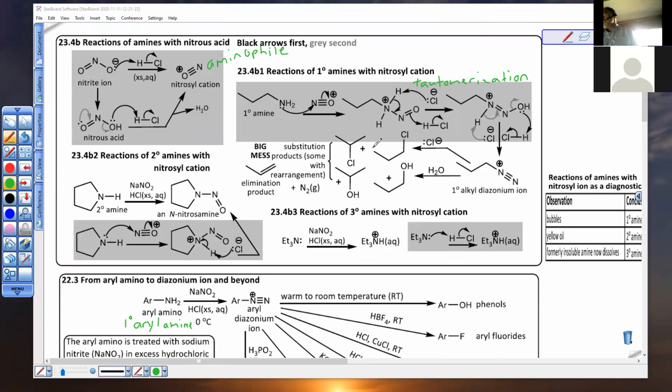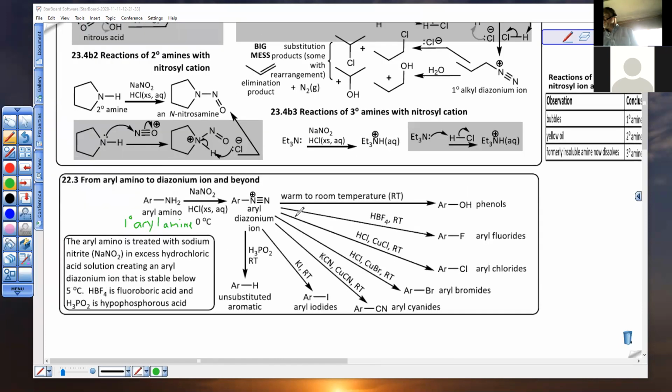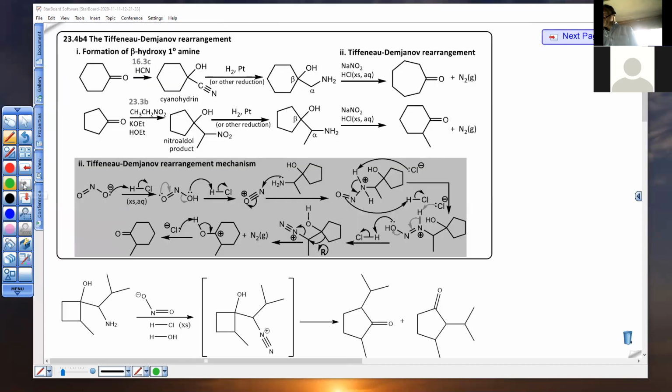And this one makes a mess. This one makes useful stuff. But if it's beta to an alcohol, something else happens. And this is the only time I'm going to say this. It's a name reaction that I like the name.